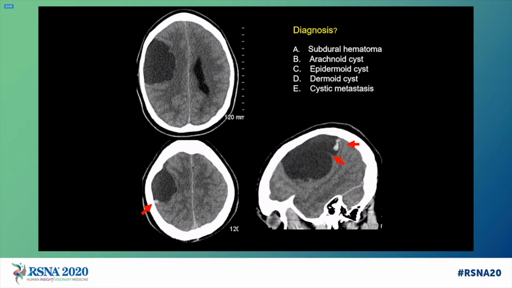So we come up with a list of differential diagnoses. Could this be a chronic subdural hematoma with superimposed acute hemorrhage, or an arachnoid cyst with superimposed acute hemorrhage? Could this be a dermoid or an epidermoid cyst, or something such as a cystic metastatic deposit?